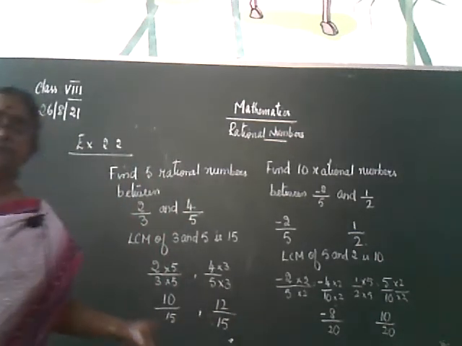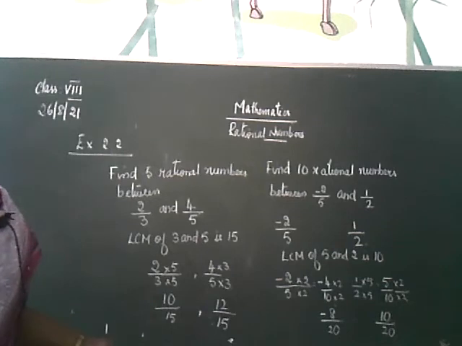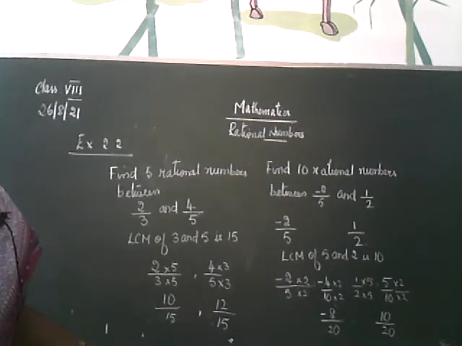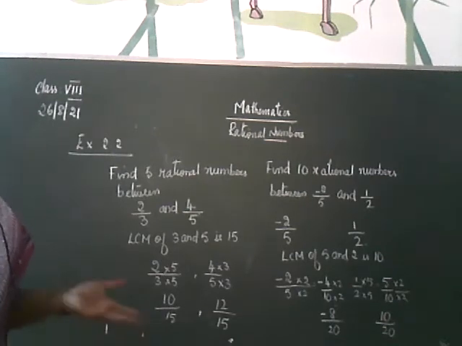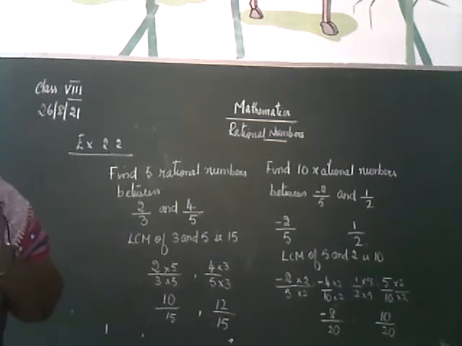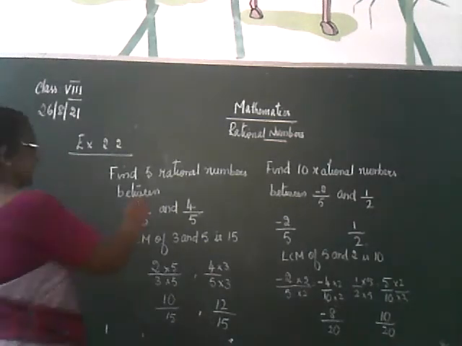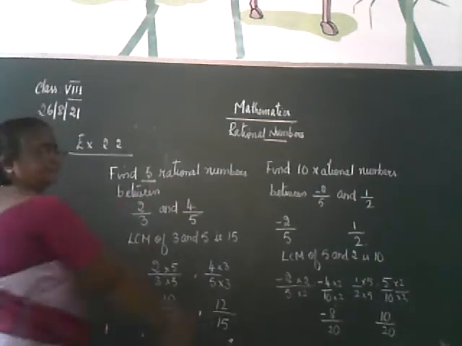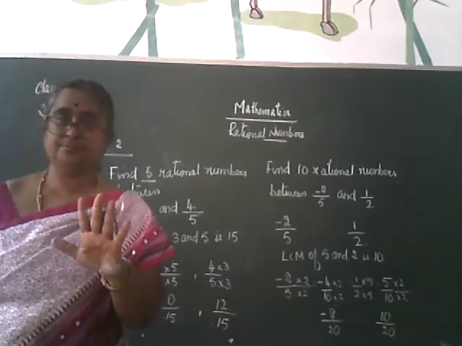See, even though they are like fractions, because they are having 15 as the denominator, if it is 10 by 15 and 12 by 15, you will have only 11 by 15 in between. Whereas here he is asking 5 rational numbers.